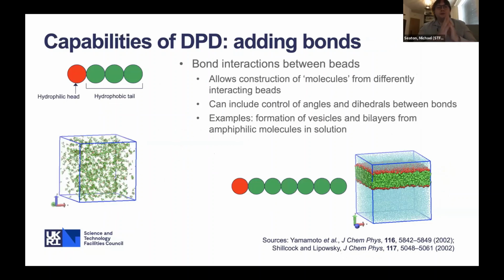Another thing we can do in DPD, which really does expand what we can do with the method, is to include bonded interactions between beads, particularly those that have different interaction parameters with different components. So it means that we can construct molecules like amphiphiles and lipids, and it's not just a case of putting springs between pairs of particles.